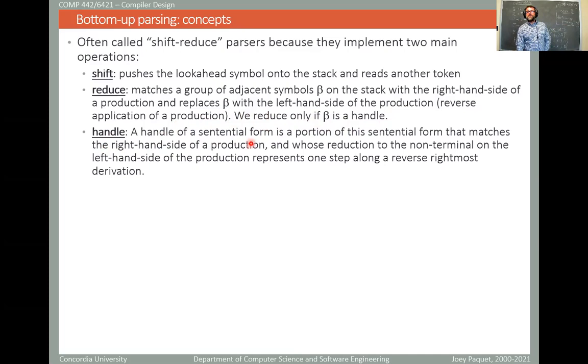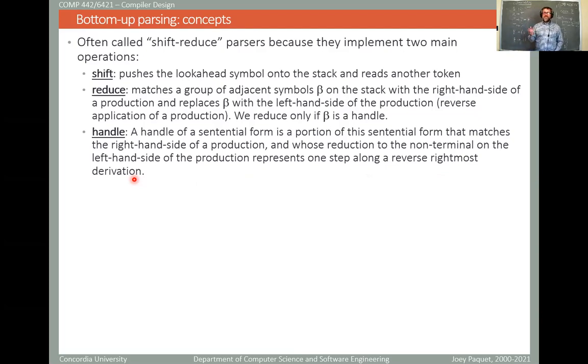A handle of a sentential form is a portion of this sentential form that matches the right-hand side of a production and whose reduction to the non-terminal on the left-hand side of this production represents one step along a reverse rightmost derivation. Essentially, you do this replacement only if it represents a step toward a reverse rightmost derivation.